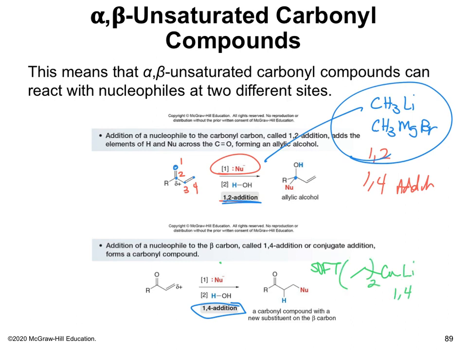That's going to do a 1,4 addition. And so this is going to be a positive, negative. So this negative carbon, which I added an extra carbon, didn't mean to, this negative carbon is going to add to the 4, and then this goes here and this goes there.